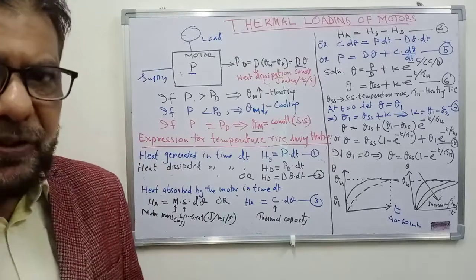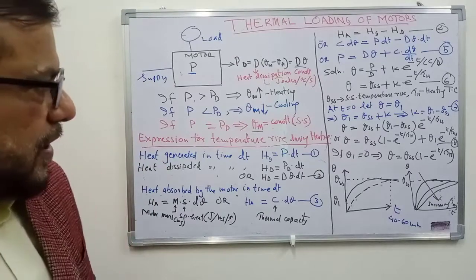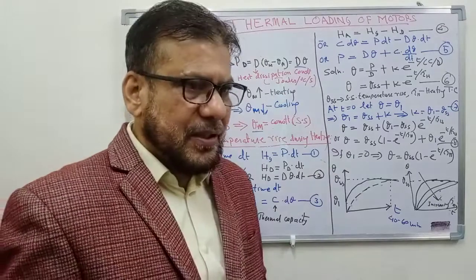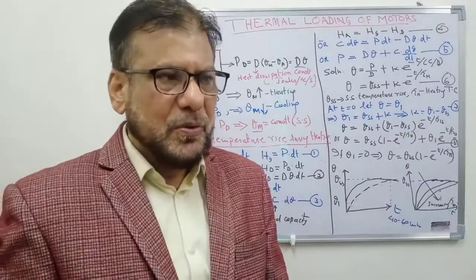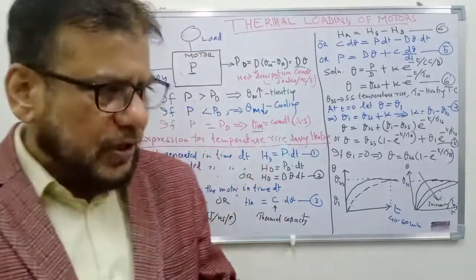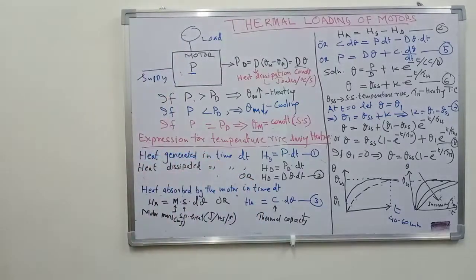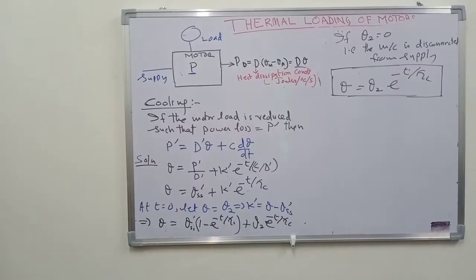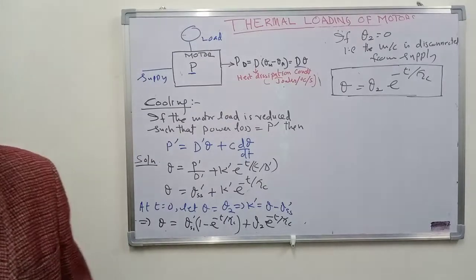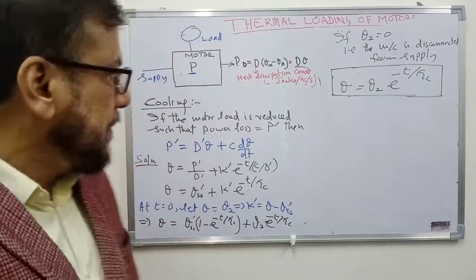So this is what happens during the heating of the motor. Now what happens when the load is disconnected? The motor will cool down to ambient temperature. So what happens during this we shall discuss just now. Now what happens during cooling?